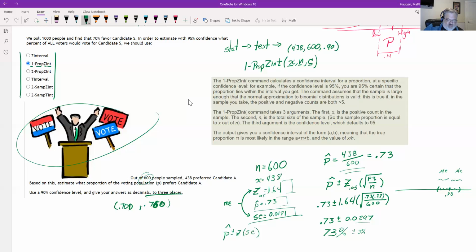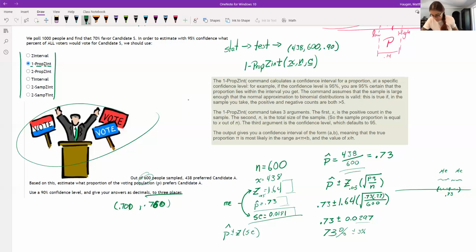So if you put in one prop z interval, 438, 600, and 0.9 or 90%, does it want the 90 or the 0.9? I would do 0.90, but I put 0.90 and it just changed it to 0.9.